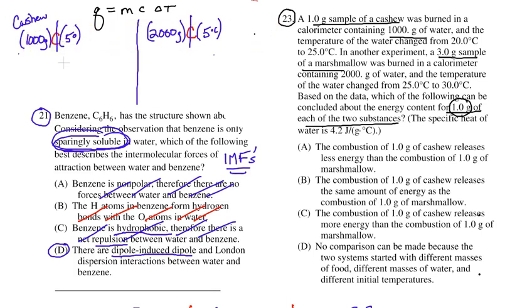I'm just going to see relatively who's going to be higher. So I'm going to take 1,000 times 5, and that gives me 5,000 joules. I know C is not 1, but it's a relative amount. And this would be 5 times 2,000. This would be what? 10,000. Okay, so you can see, wow, more energy for the marshmallow.